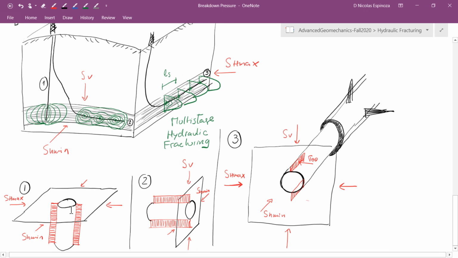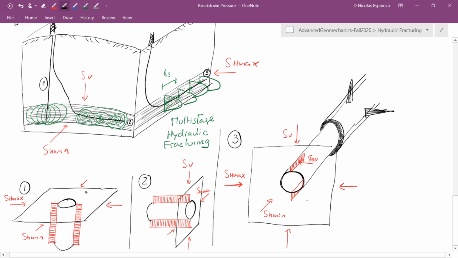And in that case, if I want to analyze where the tensile fracture would start, that would be in the location that coincides with the direction of SH max. This is exactly what we have seen before. This is the point at which in the Kirsch equation theta is equal to 0. And that plane, we can see, is going to be already perpendicular to the least principal stress.